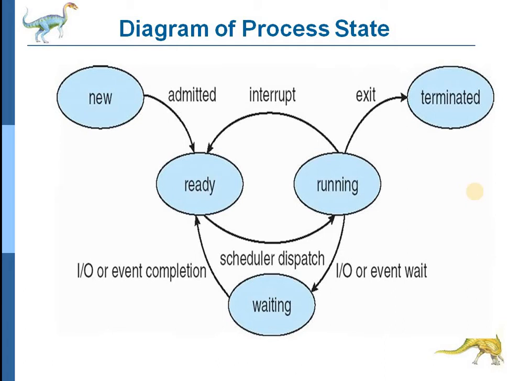In the waiting state, the process must wait until some event occurs, maybe until an IO device is available. In the ready state, the process is in memory and will be assigned to the CPU. And last is the terminated state. Here the process has finished the execution and its memory is deallocated.